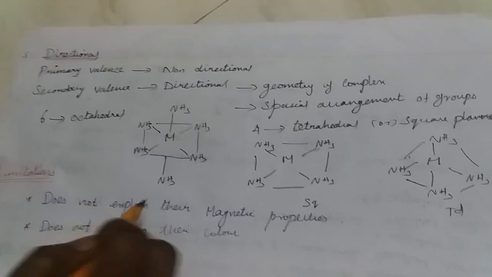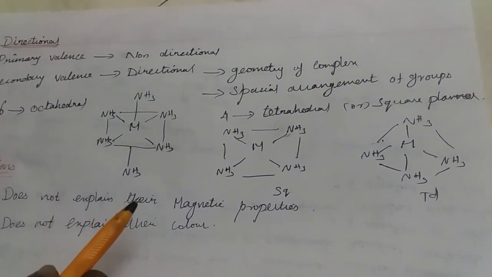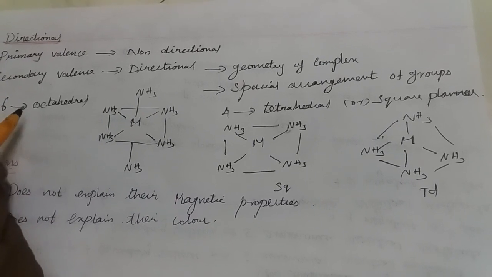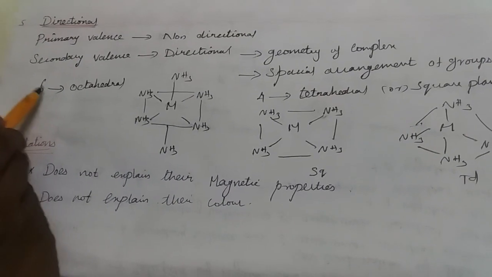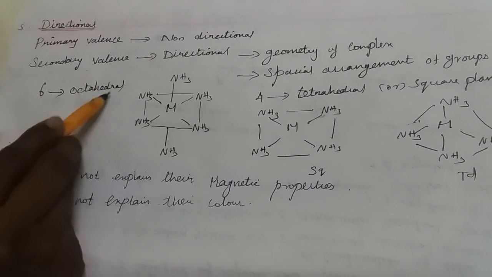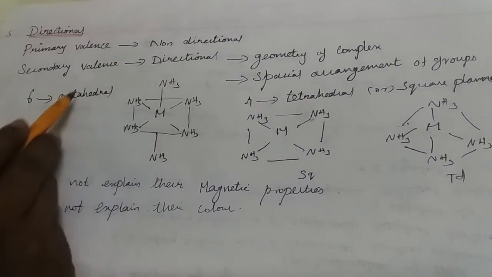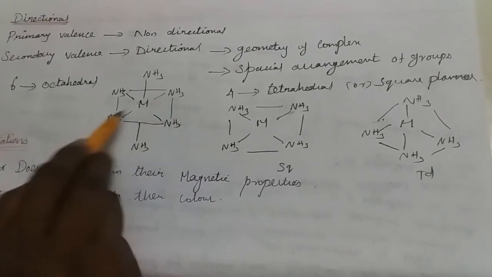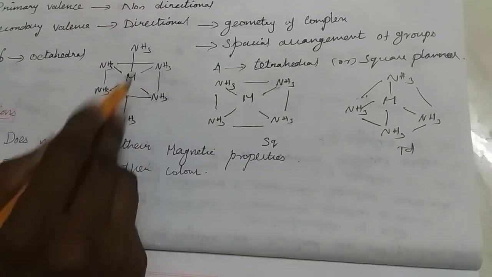For example, if the metal ion has a secondary valency of 6, it has octahedral geometry, like this: NH3, NH3, NH3, NH3 here also.